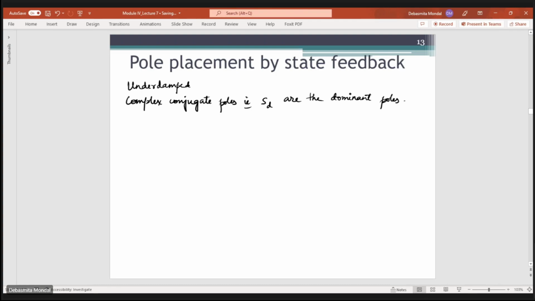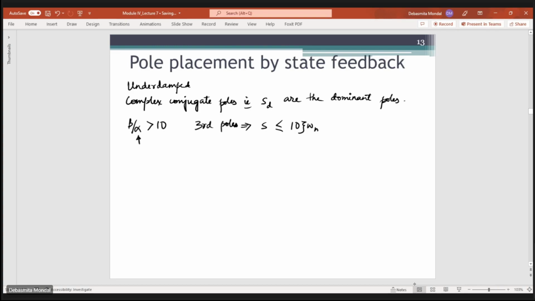If you remember, when we talked about dominant pole approximation, we saw that if the value of beta by alpha is greater than 10, where alpha is the real part of the dominant pole and beta is the real part of the other pole, then this criterion is satisfied. So the third pole of the system should be placed at a value S less than or equal to minus 10 times zeta omega n, where zeta omega n is the real part of the complex conjugate poles.